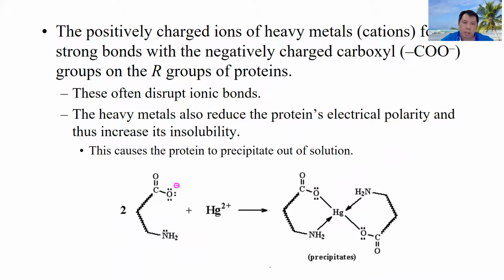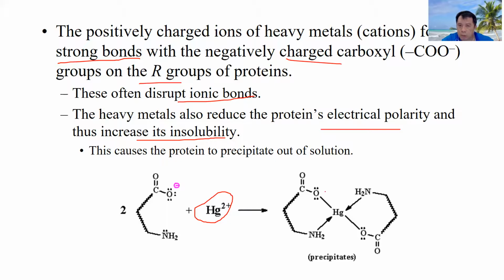When we add heavy metals, for example mercury, they form strong bonds with the charged groups. So they disrupt the ionic bonds and reduce the polarity, so they increase insolubility. See, precipitate occurs, so that means the protein will precipitate in the solution.